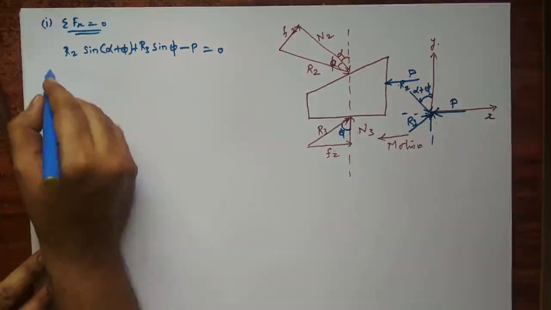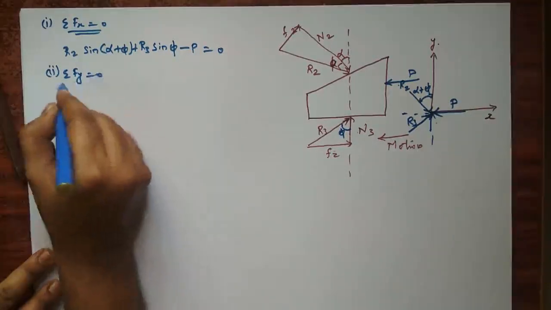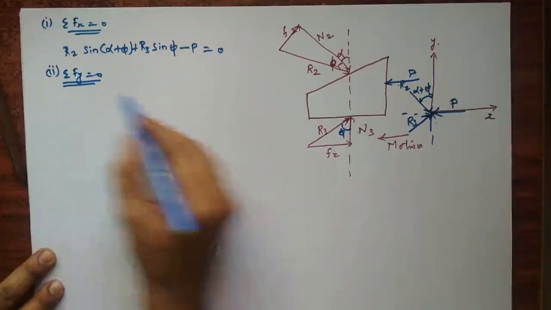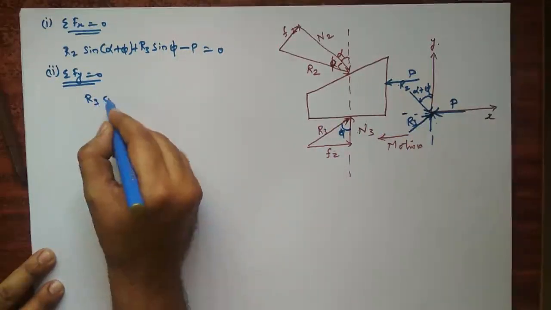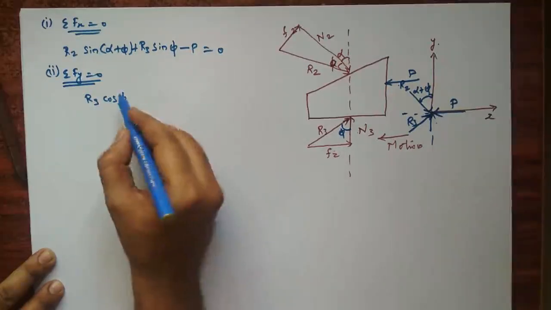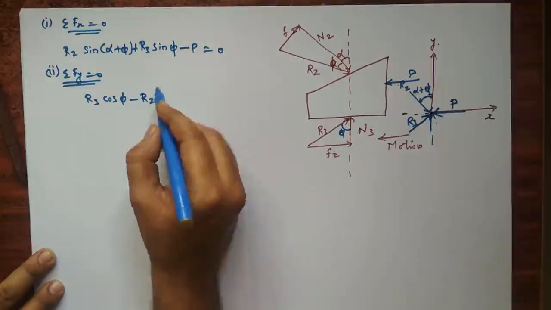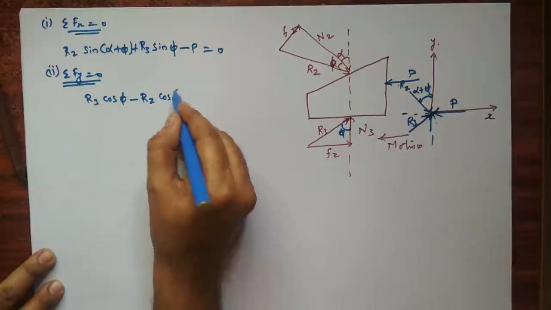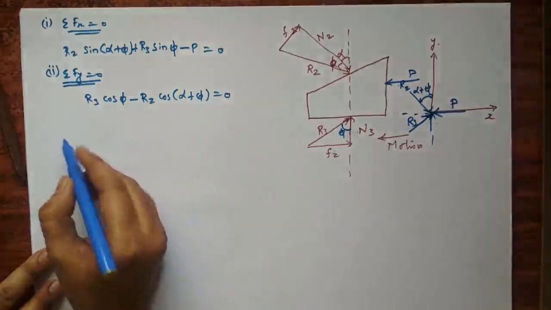Similarly, summation of Fy, which is equal to 0. So R3 cos phi minus R2 cos alpha plus phi, which is equal to 0.